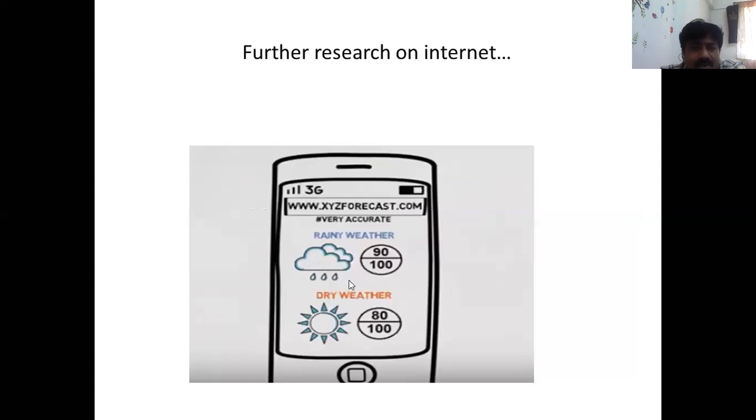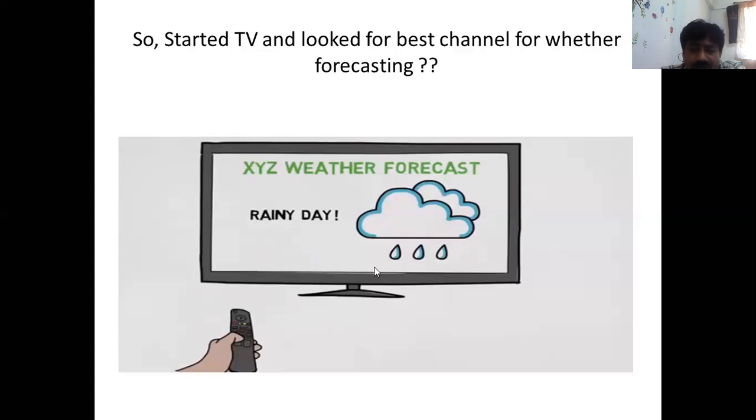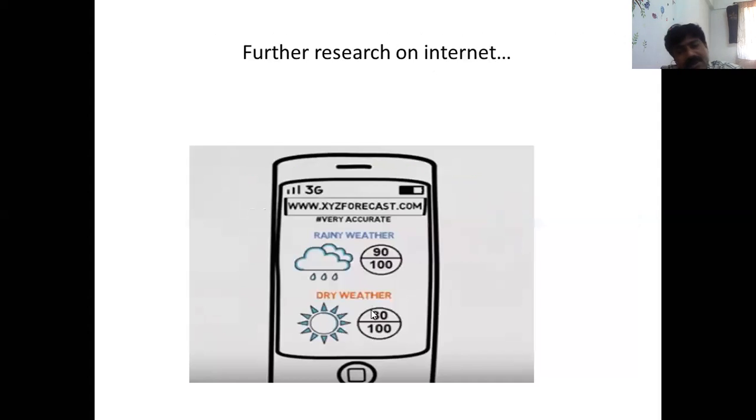So obviously we will not rely on one media. So generally we go through the internet, and again he searched on a website, doing further research on the internet, and observed that rainy weather will be 90%, that is 90 divided by 100, and dry weather is 80%, that is 80 divided by 100.